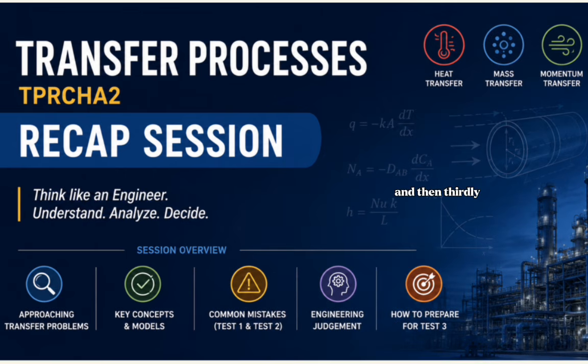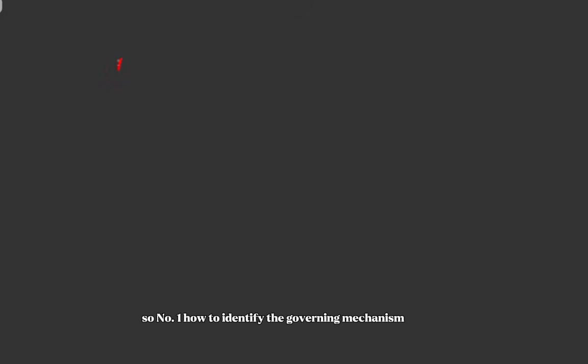Thirdly, we'll look at some of the common mistakes that people were making in test one and test two, as well as your engineering judgment, because a lot of things that you calculate are related to a specific conclusion that you need to make after finding out your values. And then lastly, how you're going to be preparing for your test 3, just to make sure that you're well aligned. So number one, how to identify the governing mechanism.